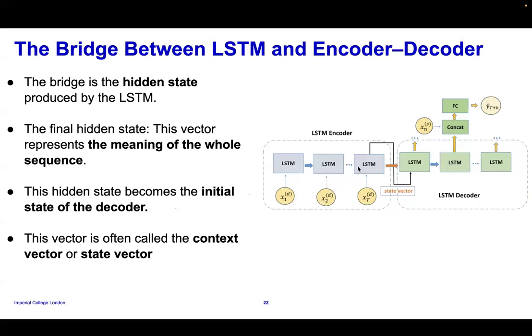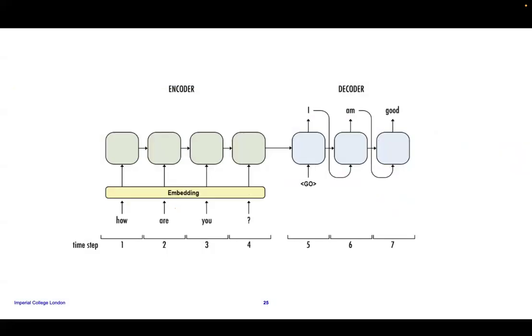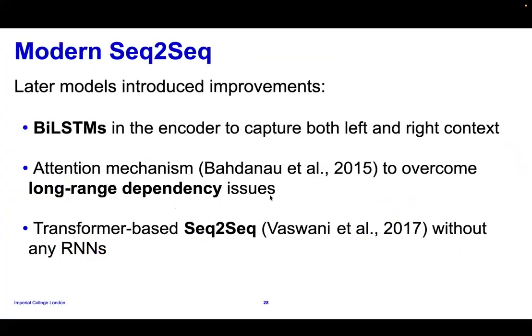But inside our architecture here, we can have LSTM, we can have RNN as part of the architecture. But the transformer-based Seq2seq is a Seq2seq model without any RNN architecture inside it. So you can see these are some of the things that have become a way to introduce more improvement in Seq2seq models.